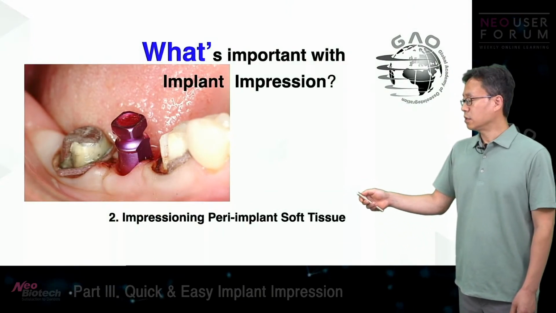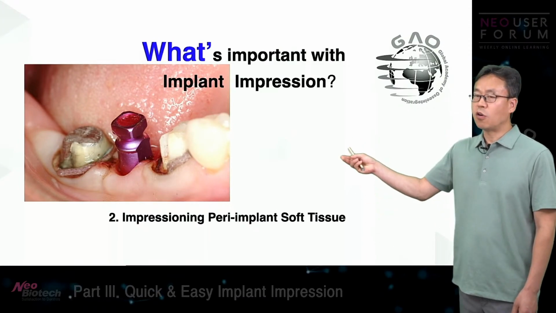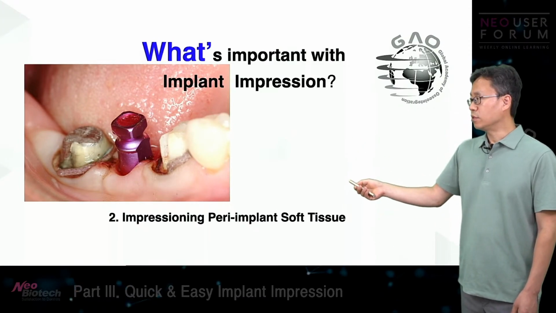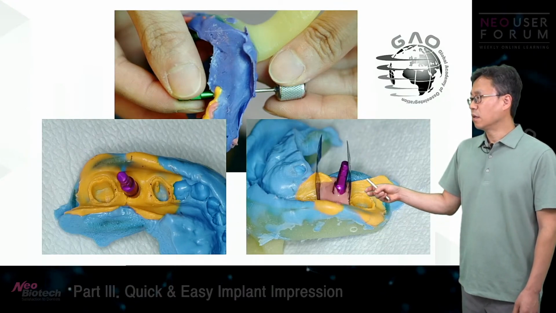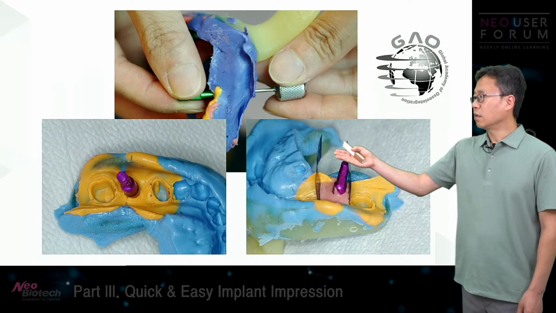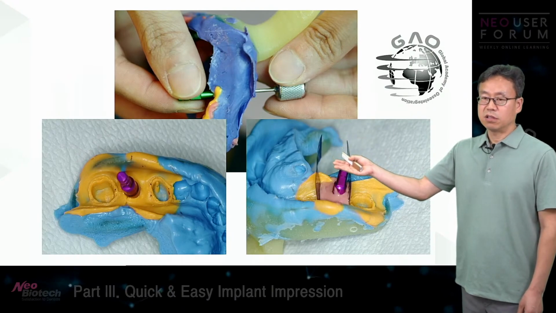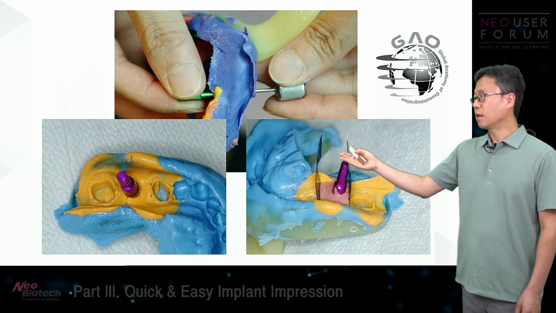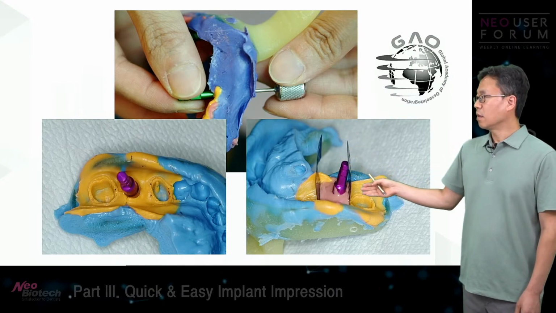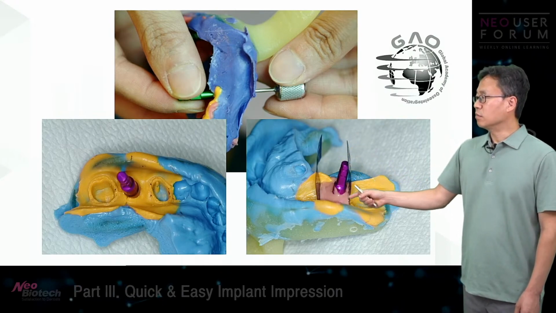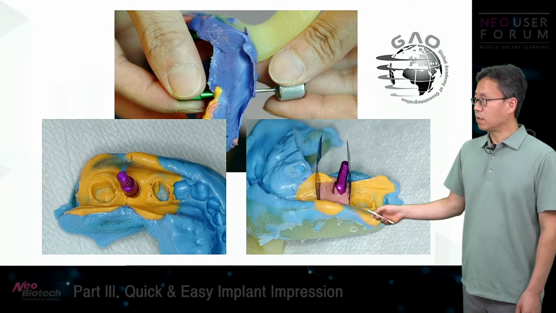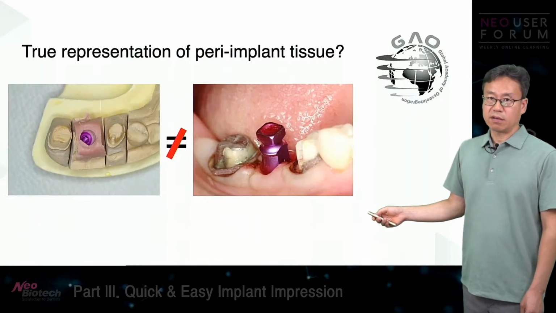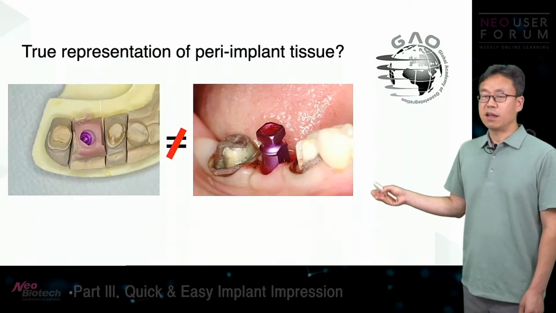I connected this impression coping and then took an impression. The next step is connecting the lab analog to the impression coping, and then placing some gingy mask and then pouring stone. And this is what we get from the impression and the lab procedure.